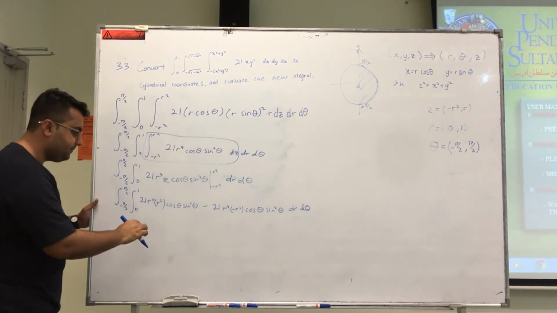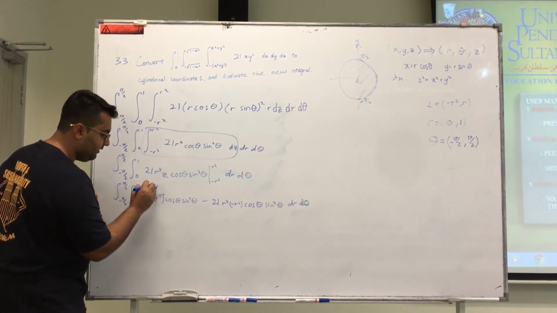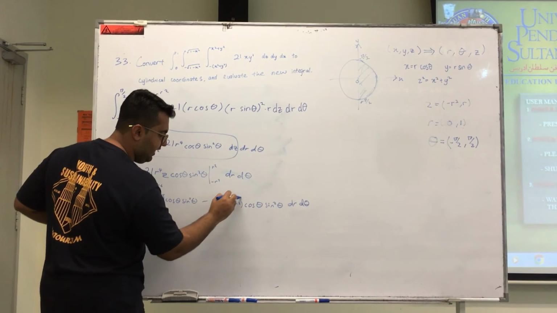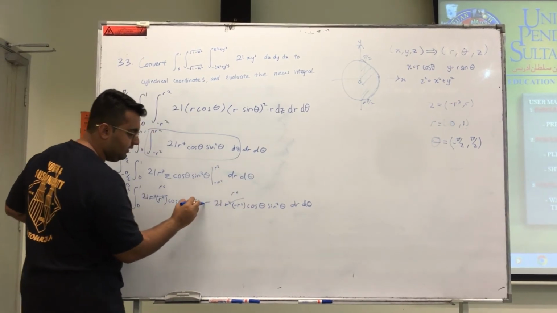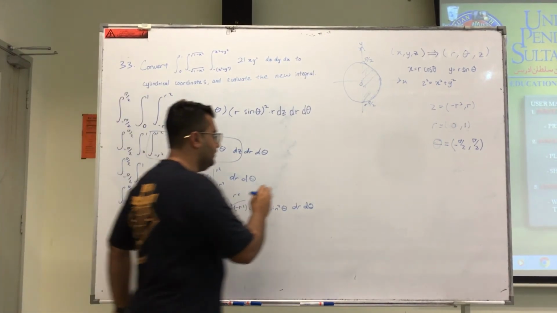Okay, at here r^4 and r^2 will become r^6. Here will become r^6 also, but then there is another negative. Negative will become plus here. Okay, I'll continue here.